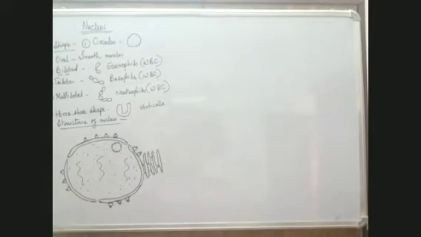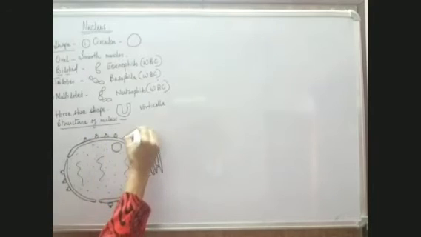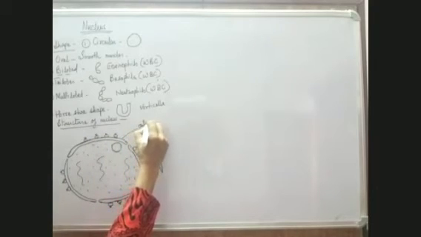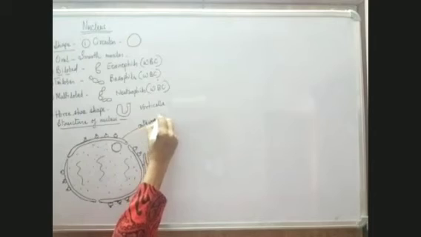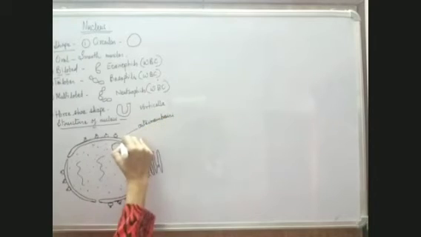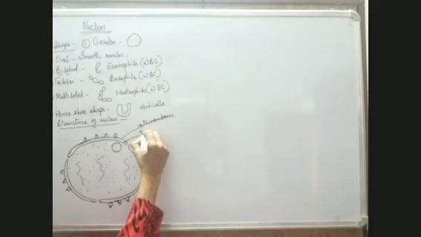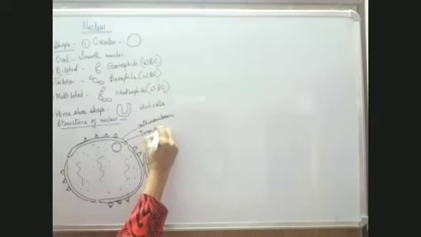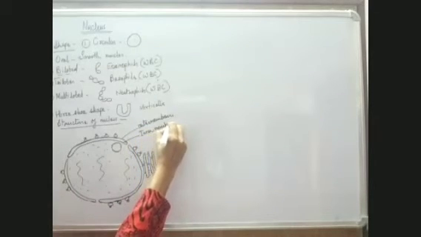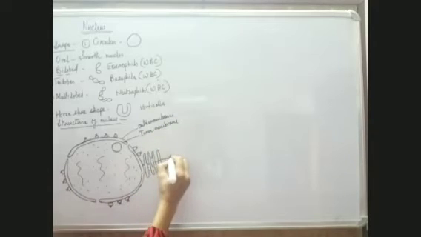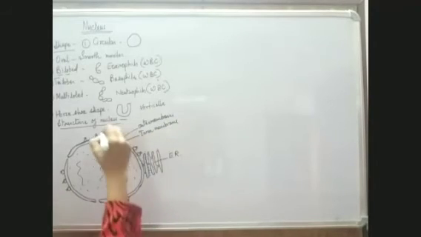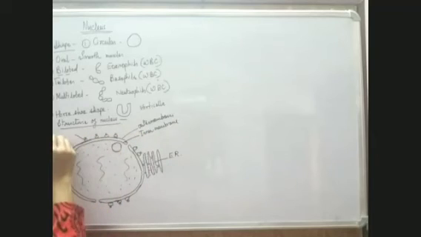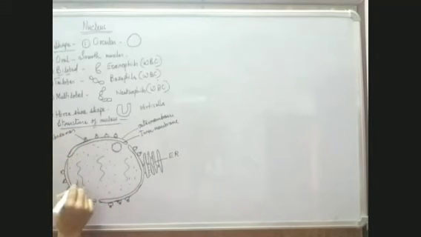Okay. Now, if you see here, this is the outer membrane. This is the inner membrane. This is endoplasmic reticulum. This is ribosome. These are ribosomes. This brown substance in this is nucleoplasm.